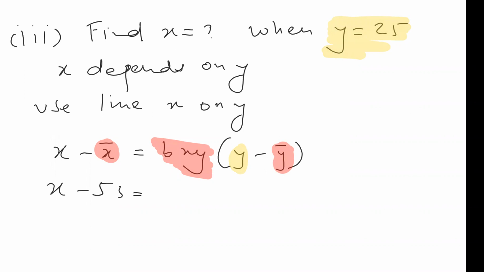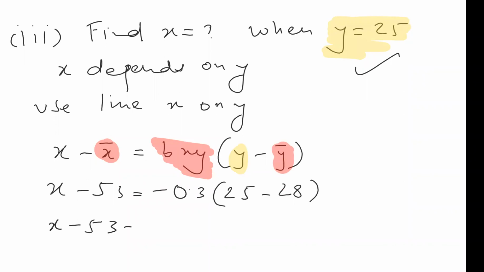bxy is minus 0.3. Y minus y bar, what is y? Y is 25, as we can see, and y bar is 28. So x minus 53 equals minus 0.3 into minus 3.